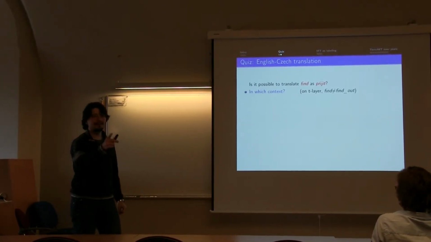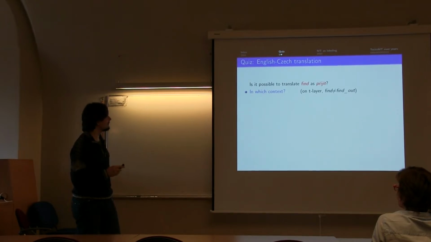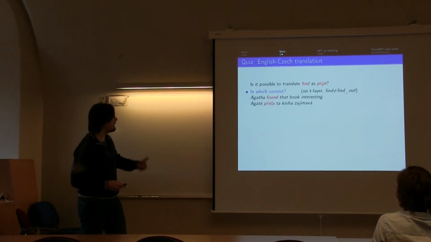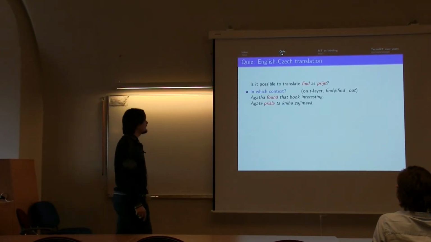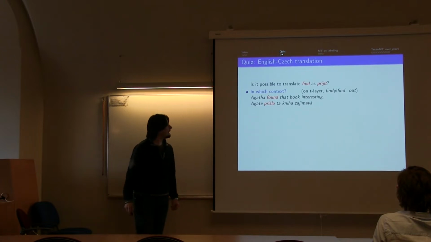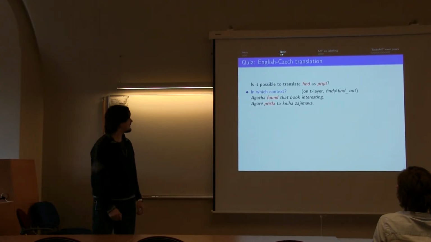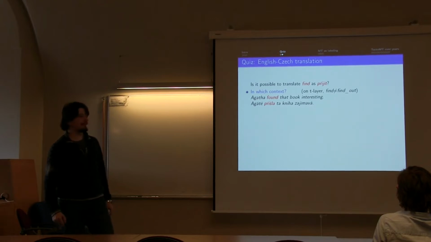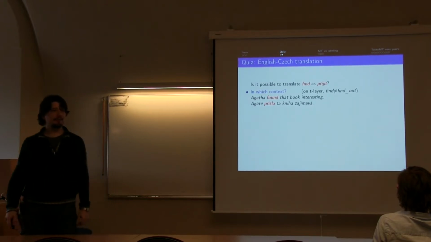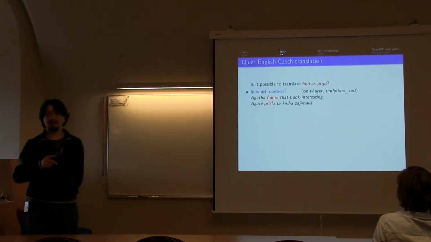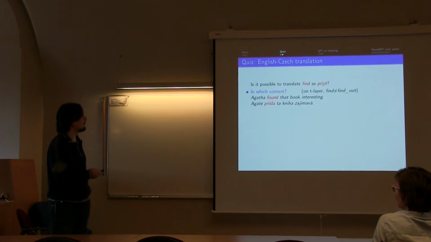And you said find a solution. So this is also not the case, but it could be. So my example I had in mind is Agatha found that book interesting. And the translation, Agatě přišla ta kniha zajímavá. So this is somehow more difficult, what the correspondence is.